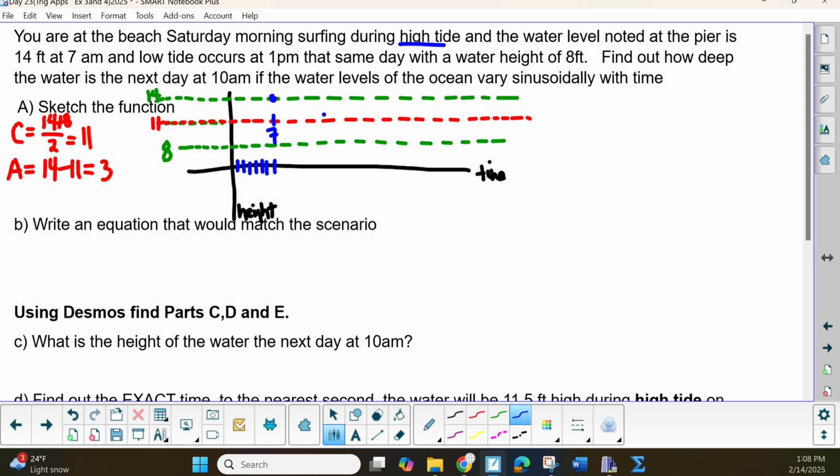Then we go through and we're going to have 1, 2, 3, 4 little spots right there, and it says then at 1 p.m. We're going to put this in military time, which is 1300 hours. So 13, which is going to be at low tide right here. So there's our graph at low tide. Our picture is going to look just like this.